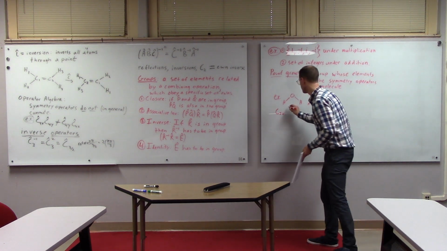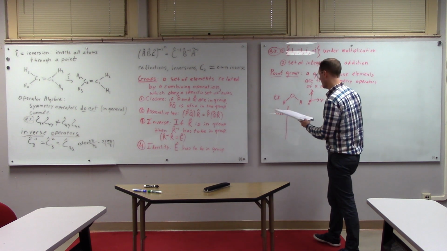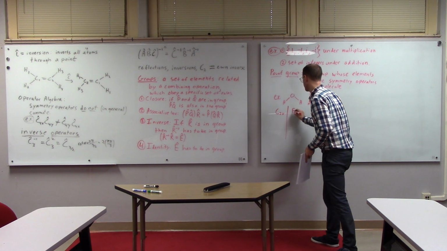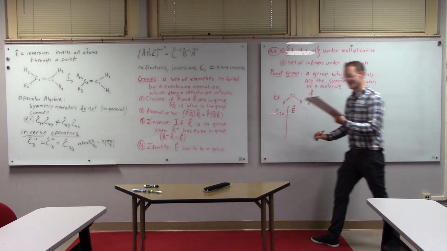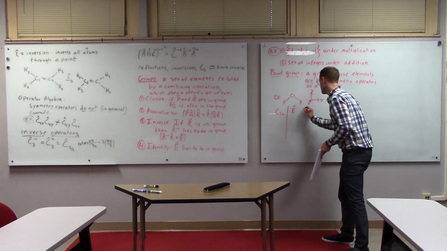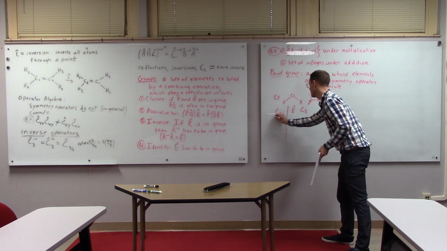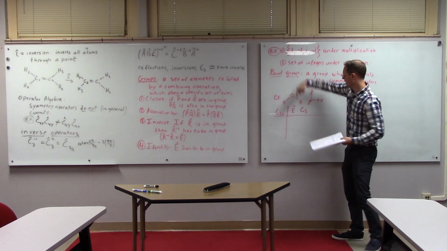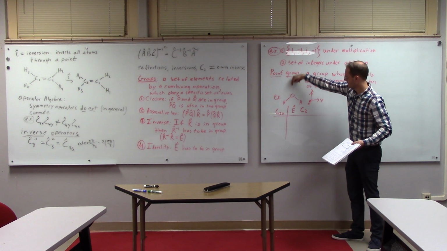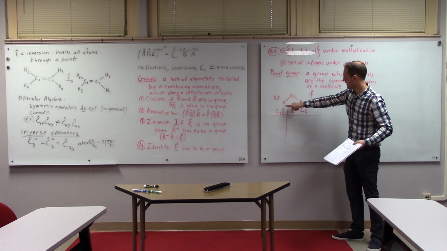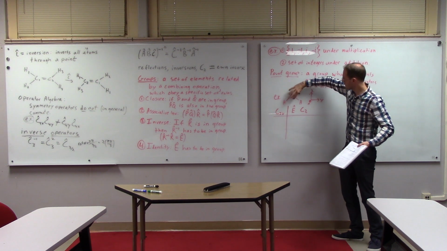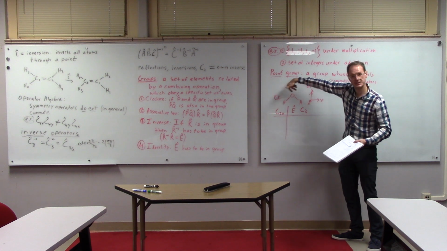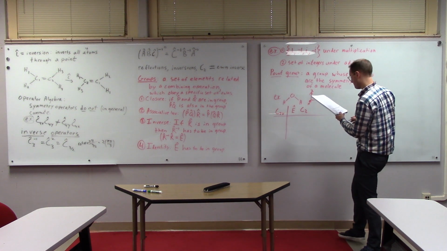And the operators that belong to the C2V group are the identity operator, of course. It's got a C2 operator, right? Because you can rotate through the axis that bisects the HOH bond. You can rotate 180 degrees around that axis. That's a symmetry operation.